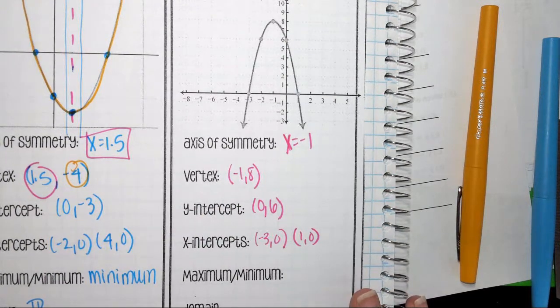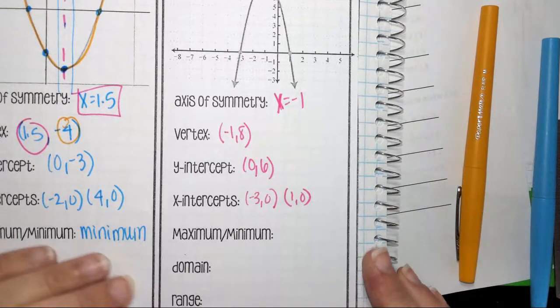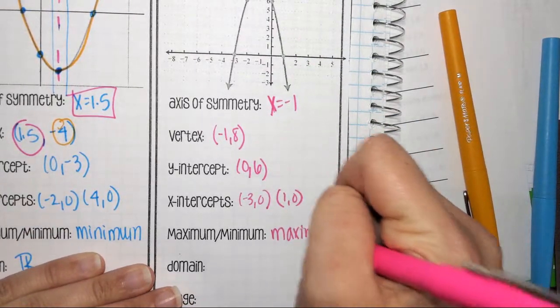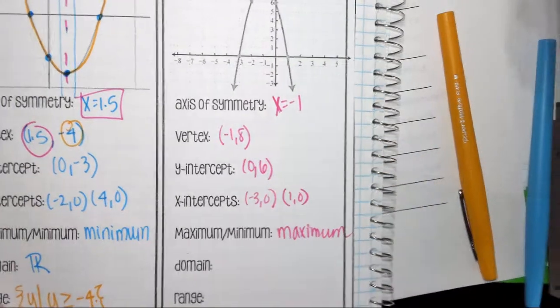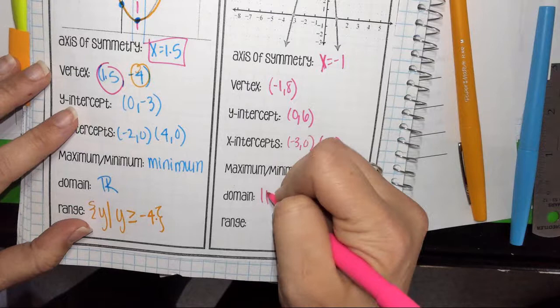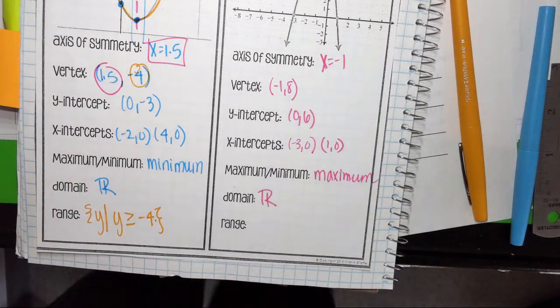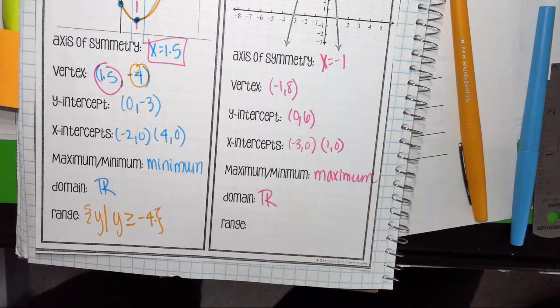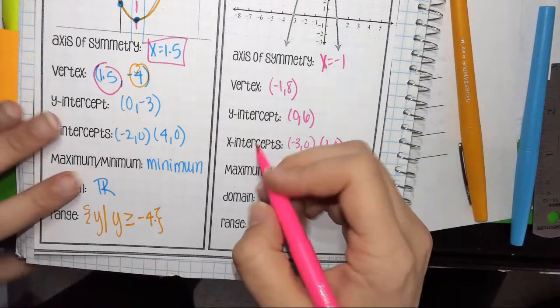Is it a maximum or minimum? It's a maximum. And what is our domain? All real numbers. And our range this time, is our graph opening up or opening down? Down. So it's going to be less than. And what is the highest y value that we have? 8.